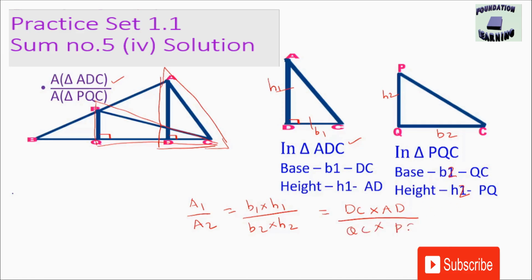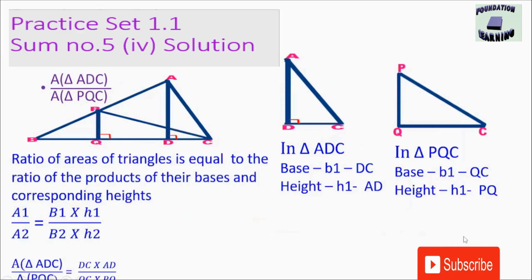PQ. Here we did not have any base or height common, so we had to use the first property. So what is the first property? Ratio of areas of triangles is equal to the ratio of the products of their bases and their corresponding heights. Product means multiplication of the base and height of each triangle. So the formula is A1 upon A2 is equal to B1 into H1 upon B2 into H2.